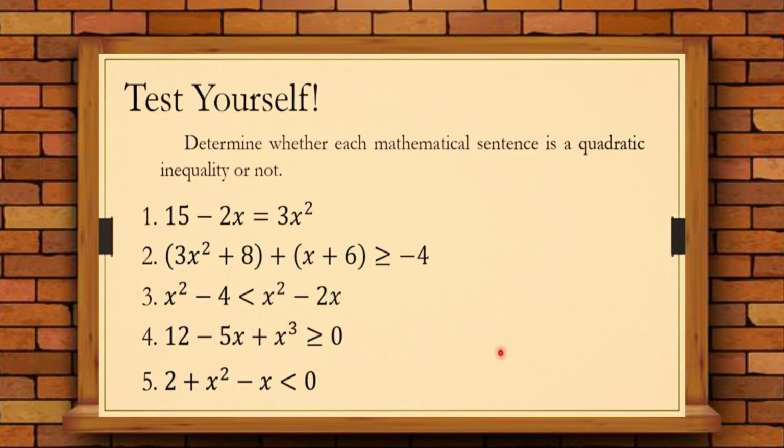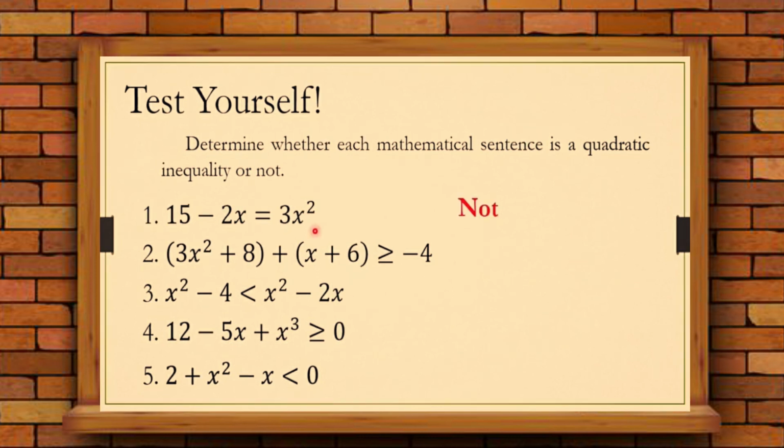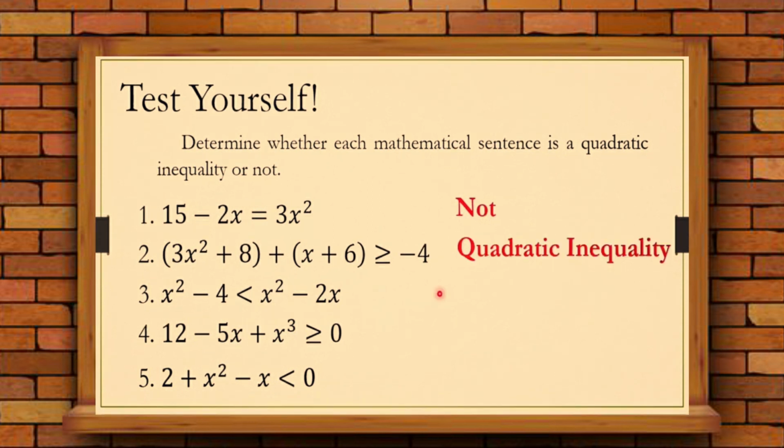Okay, test yourself. Determine whether each mathematical sentence is a quadratic inequality or not. Number 1. So, this is not a quadratic inequality. Why? Because our symbol here is an equal sign. Another.